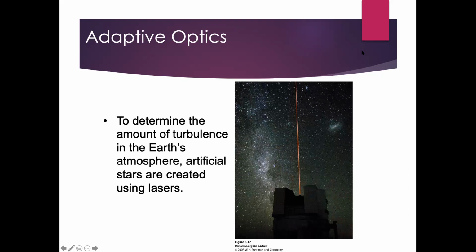Adaptive optics is basically a way of looking at how much turbulence there is in a certain region of the sky and adapting our mirrors.